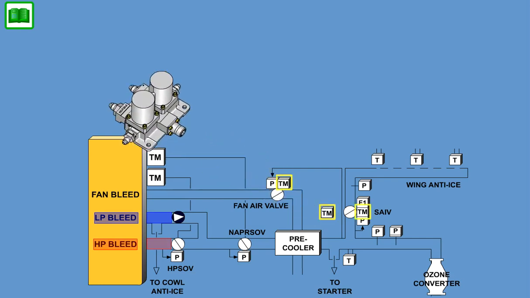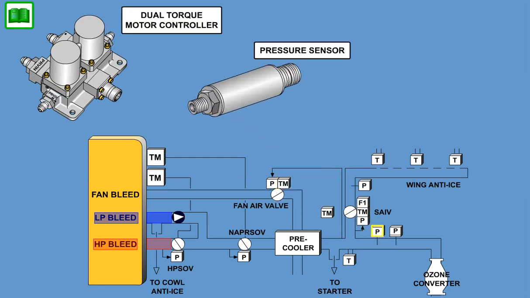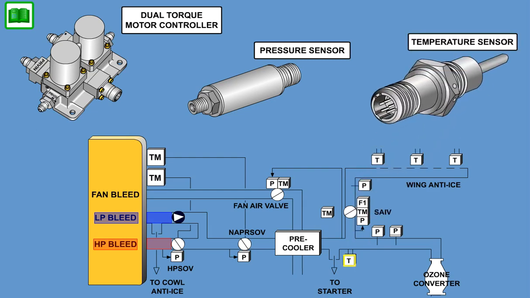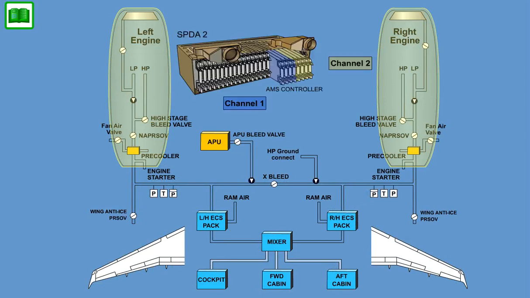Torque motor controllers provide servo air control, and electronic pressure sensors and temperature sensors provide accurate analog signals. A left and a right-hand system is provided, and each AMS channel can control the entire AMS.